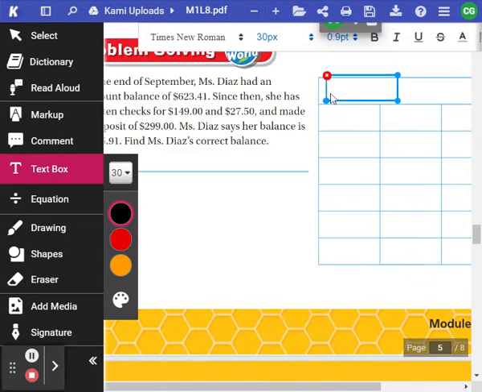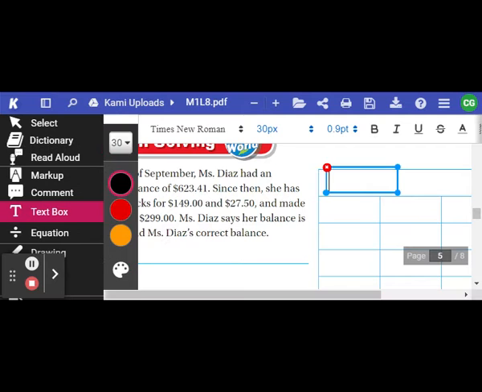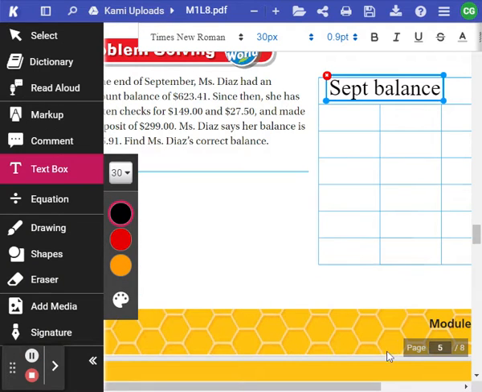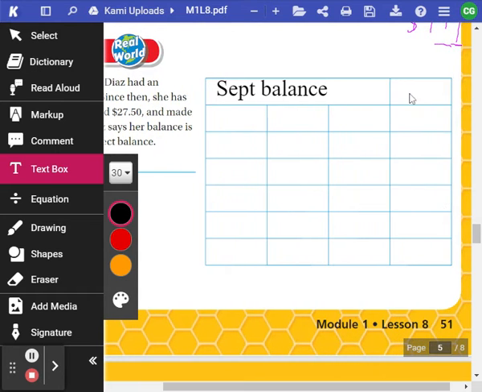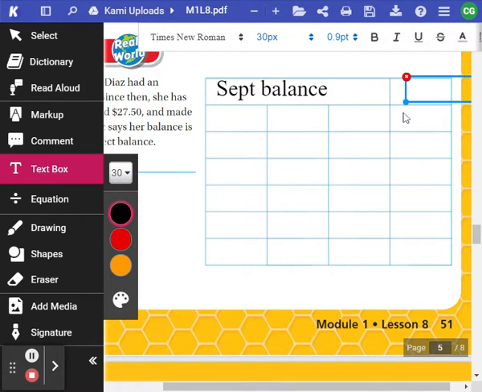So I'm going to put September and then balance, and go ahead and close that out. And our account balance was 623.41. This is actually going to be a drawing.